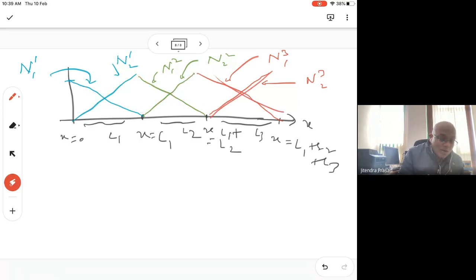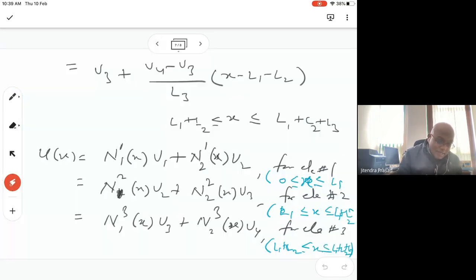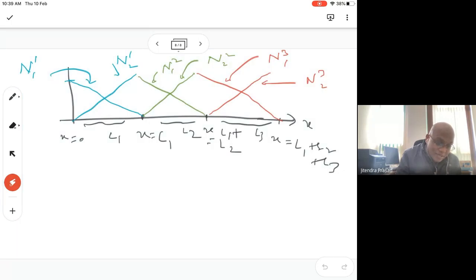So since we are writing this way, let us say u(x) for element number 3. Within element number 3, they vary like this. When x is between L1 plus L2 and L1 plus L2 plus L3, that really means x is somewhere here.